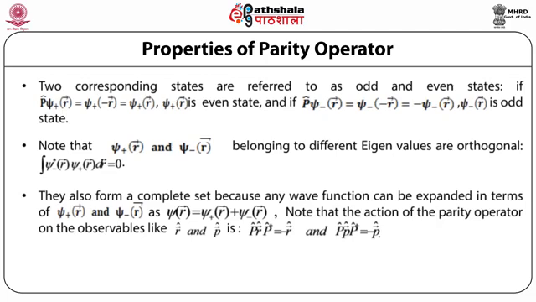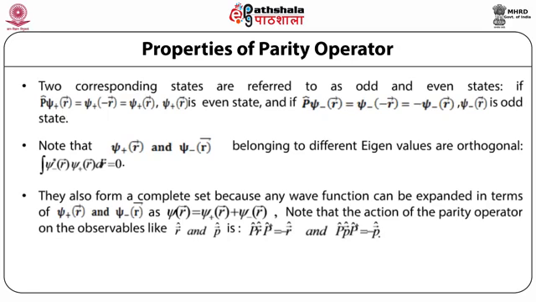Parity operator P acting on the position operator r times P dagger is equal to minus the position operator r. Similarly, P acting on the momentum operator P times P dagger is equal to minus the momentum operator P. From these two examples of the parity operation on observables, one can state the general form, which can be written as parity operator P acting on an operator A times P dagger is equal to minus A.